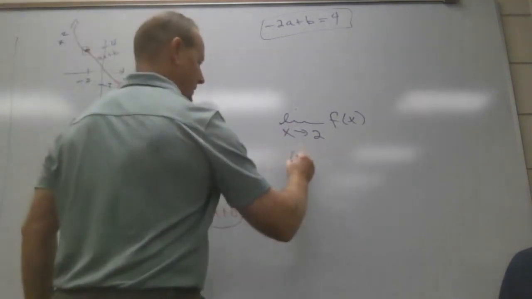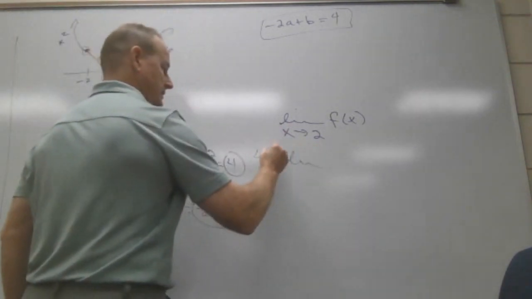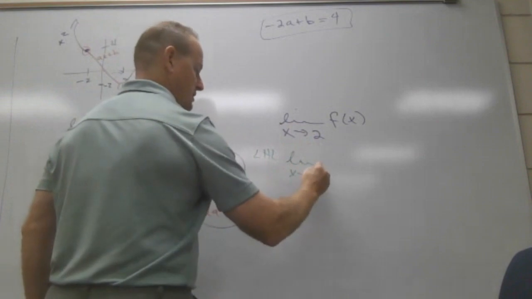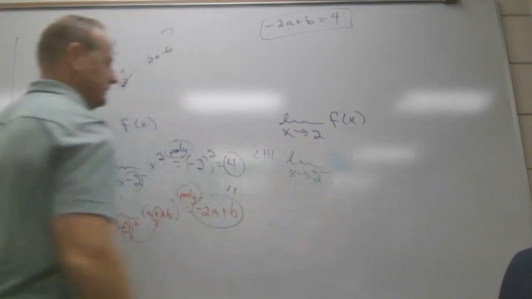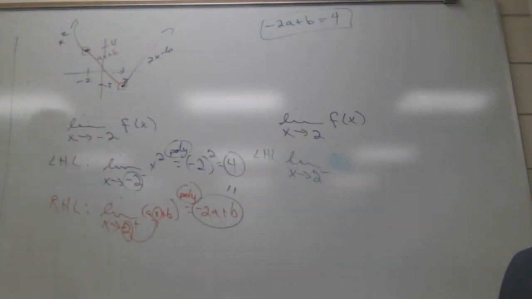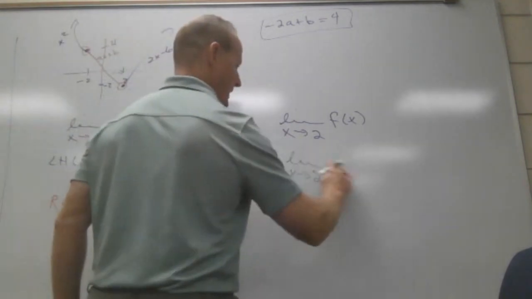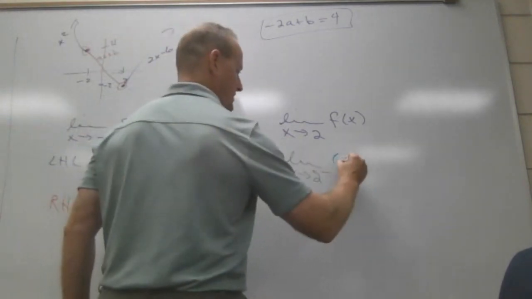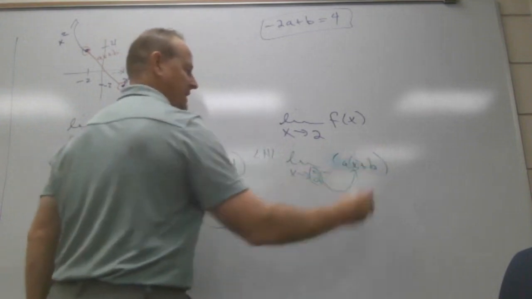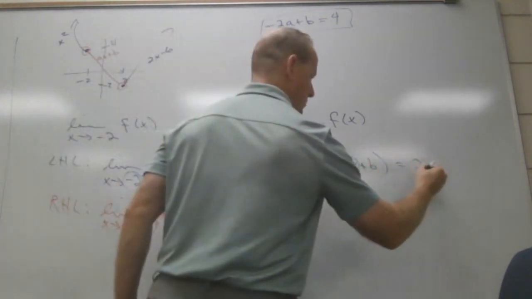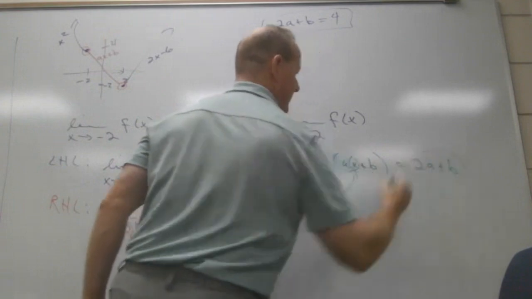Left-handed limit, so the limit as x approaches 2 from the left of f of x. Which graph are we on? The line, the red one in the middle. There are 2 lines up there, but the red one. So it's ax plus b, right? Plug that in for x, and we get 2a plus b, right?